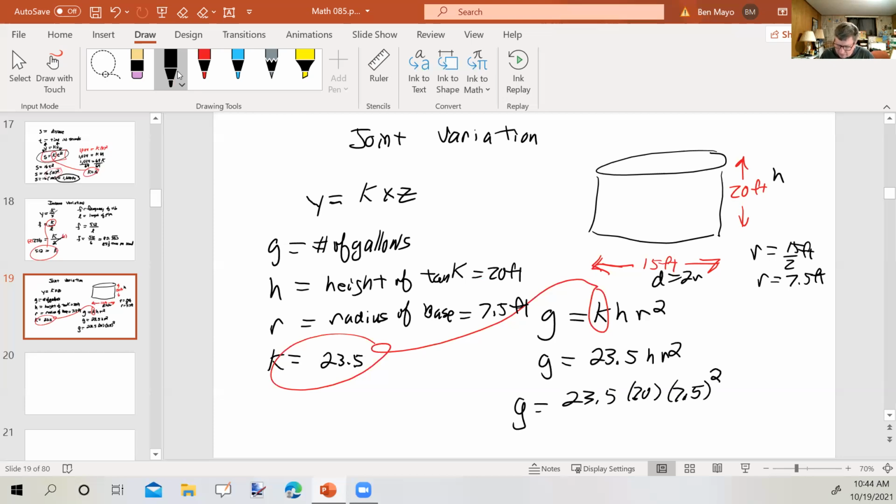So putting that all into the calculator, we've got 23.5 times 20 times 7.5 squared, and I get 26,437.5 gallons.